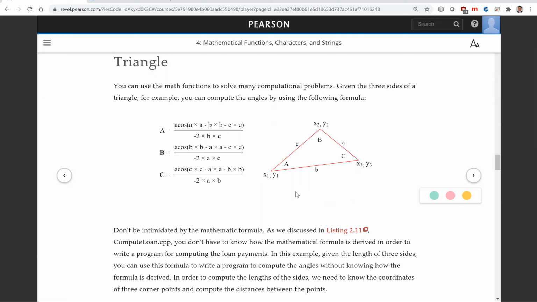As we discussed in the preceding chapters, given the formulas, you don't have to know how the formulas are derived. You will be able to plug the numbers into the formula. Here's the input: there are 3 points. We can compute the distance using a formula. And once we have the distances, we plug a, b, c into the formula to get the angles A, B, C.